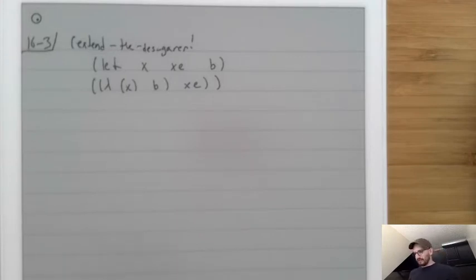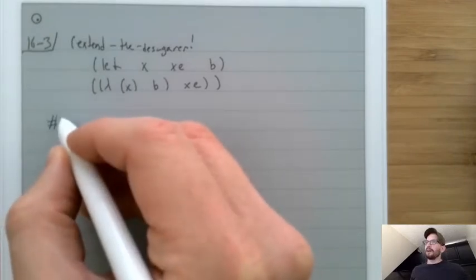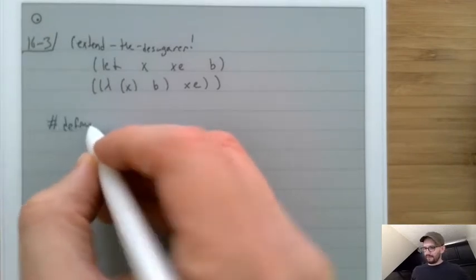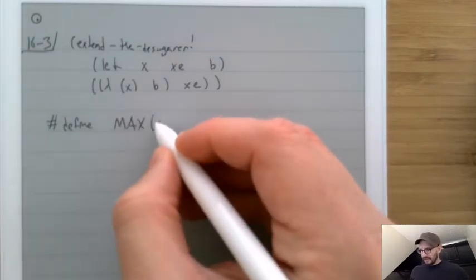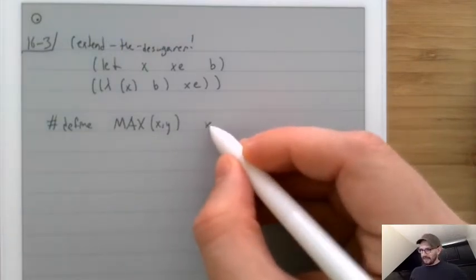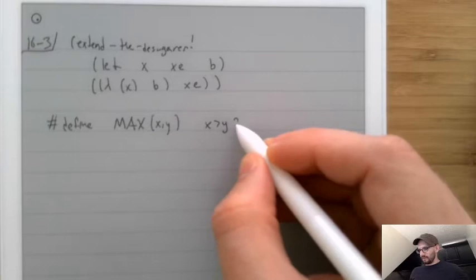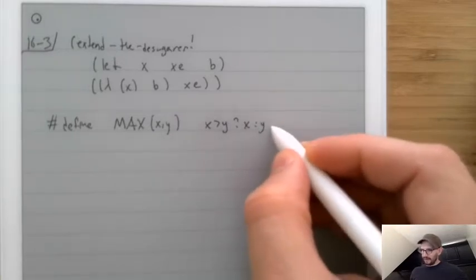So recall in a language like C, you can write something like define max x y, and then we could write x greater than y, question x otherwise y.